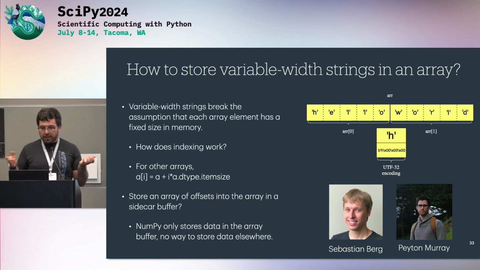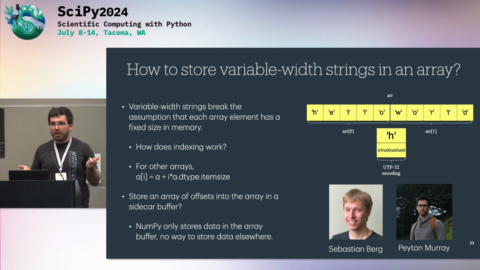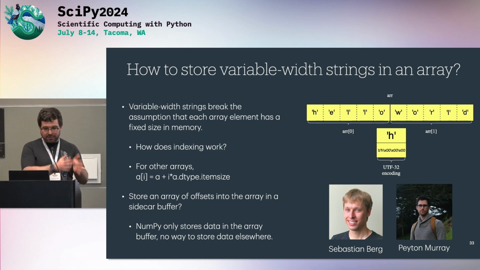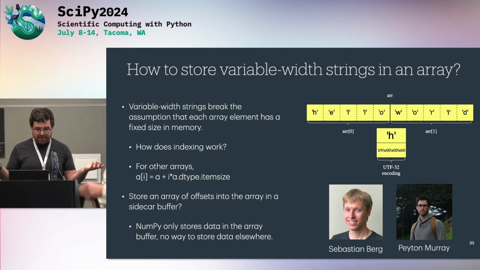Here we have this diagram of what a string array in Python 3 looks like. If you want to offset into the second element of the array, you need to offset 5 UTF-32 characters into the array. So for the ith element of the array, you look at the address of the 0th element and add i times the size of an individual array element, and that will give you the ith element of the array.